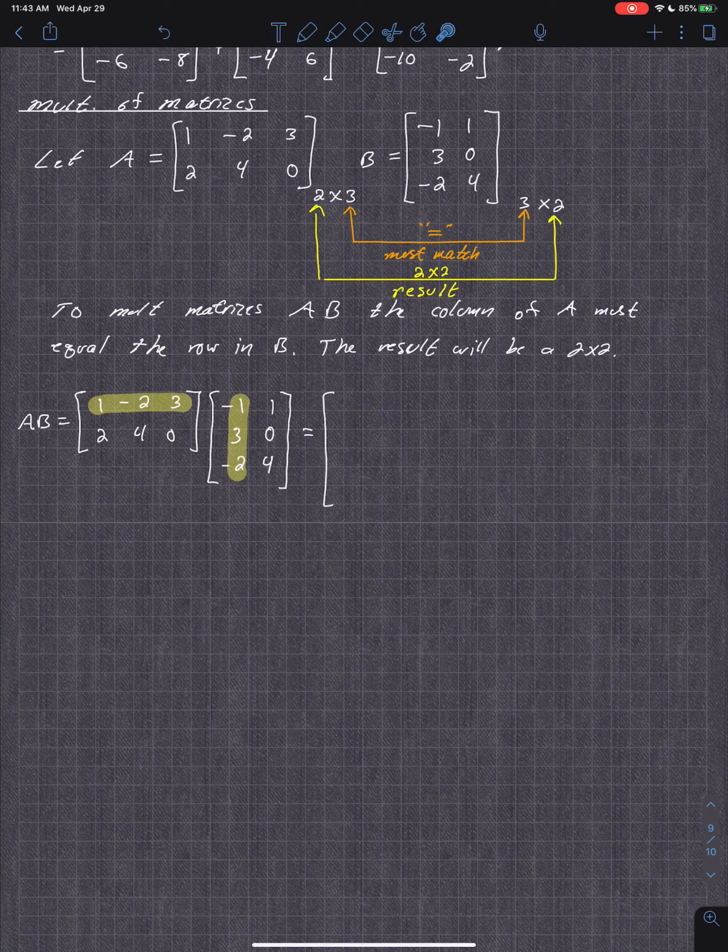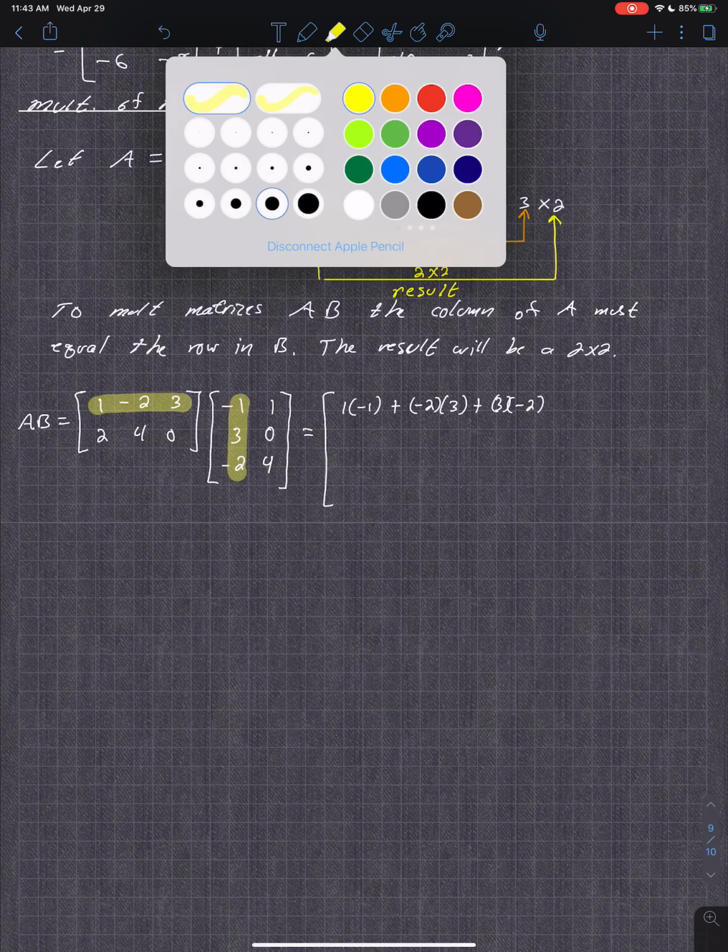And that's your first entry. And your second entry is this row times this column, so you go across.